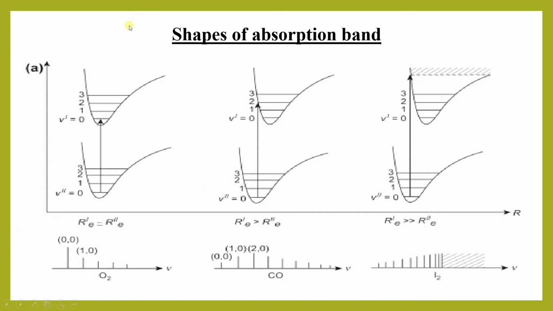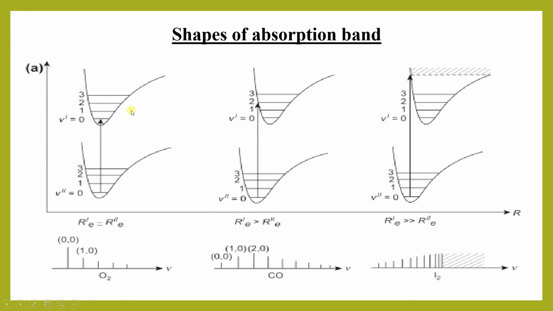So here, shapes of absorption bands. This represents the application of the Franck-Condon Principle. So we can find the shapes of absorption bands. Here there are three cases. In the first case, the transition takes place from V is equal to 0 to V is equal to 0.